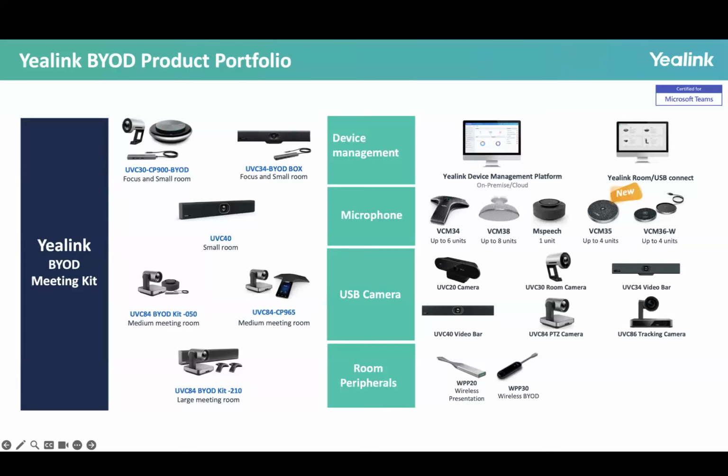On the left side of the slide are the meeting kits and how they accommodate the various ranges of meeting rooms. And on the right side are the peripherals, the breakdown of the meeting kit, the ways in which you can combine different items to create the perfect solution for your meeting room requirement.